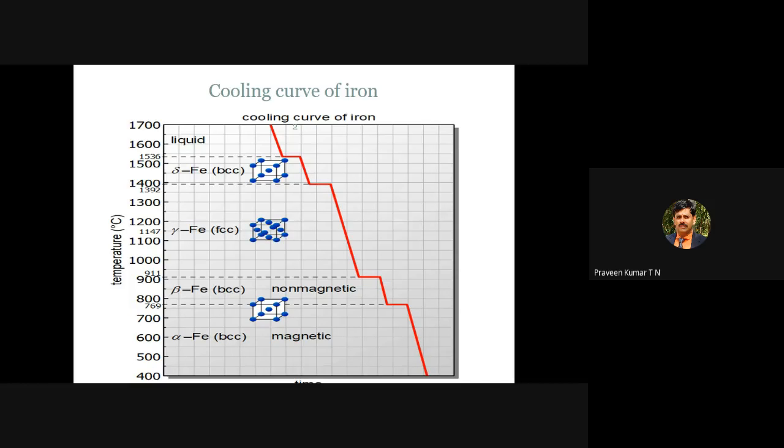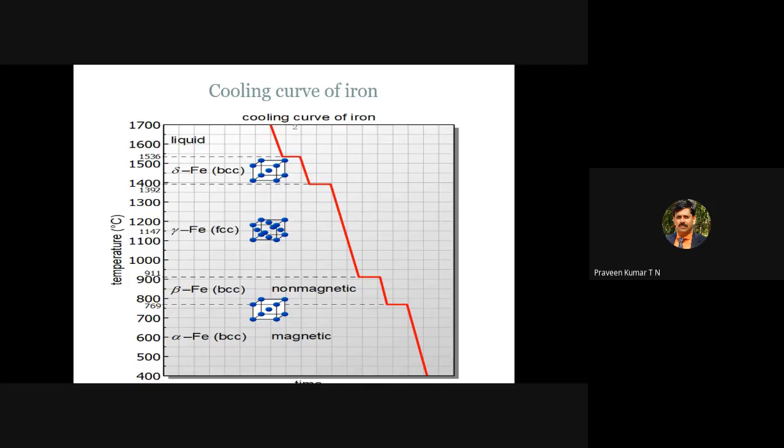Alpha iron, Fe, is in BCC, up to 912 degrees Celsius. If you heat the steel above 912 degrees Celsius, your BCC structure is transformed to FCC structure. Then that particular phase, also referred to as the equilibrium phase, is called the gamma phase.